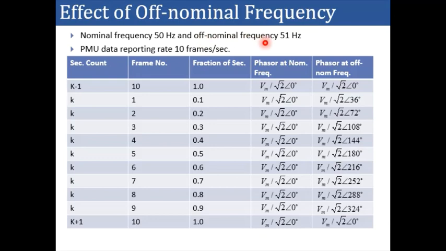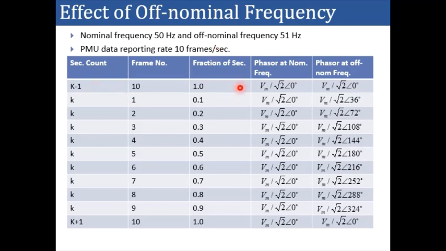Then what will happen to the phasor data? Let's try to understand. Let's assume that the PMU data reporting rate is 10 frames per second. That means every second we generate 10 data frames from the PMU, sampling the data with nominal frequency. Then if the frequency changes from 50 Hertz to 51 Hertz, what will happen to the phasor data?